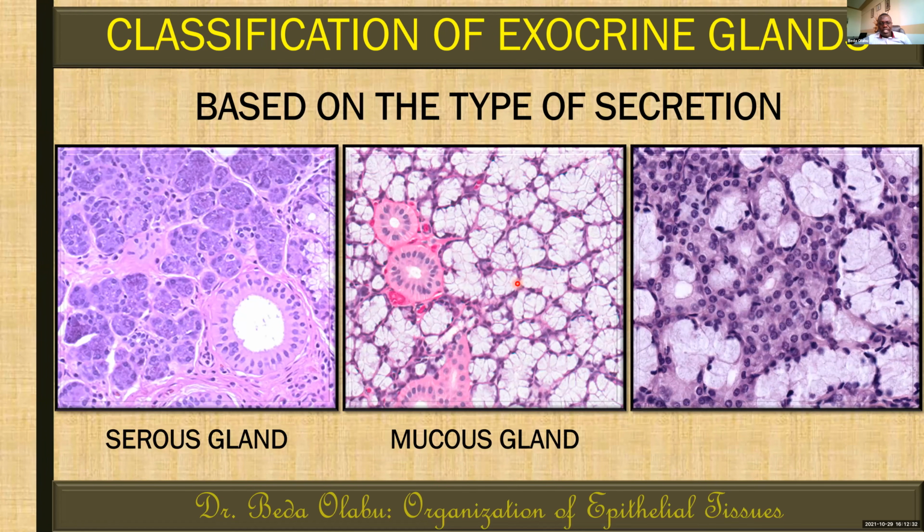And you can see the secretory acini here are not taking up the stain because they are hydrophobic, so they don't take up the dyes that we use. But you may have a combination of the two, and that's what you call seromucus. So based on the type of secretions, you will have serous glands, mucus glands, and seromucus glands.